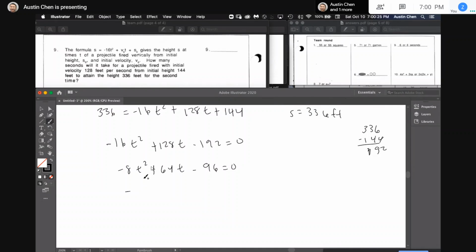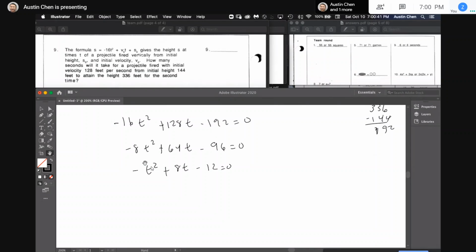We can see that they are all divisible by 8 actually, so we could just divide by 8. So that's just negative t squared plus 8t minus 12 equals 0. And just to get our a being positive, we can multiply by negative 1 for all of them. So then we have t squared minus 8t plus 12 is 0.